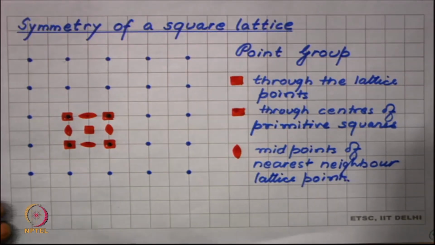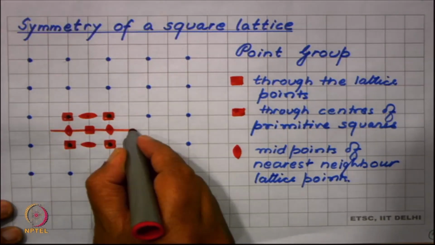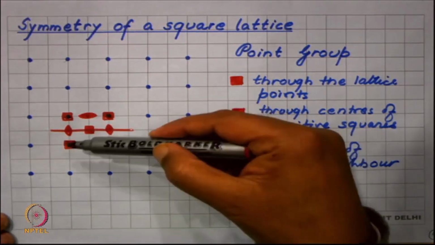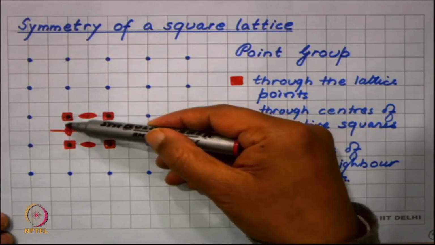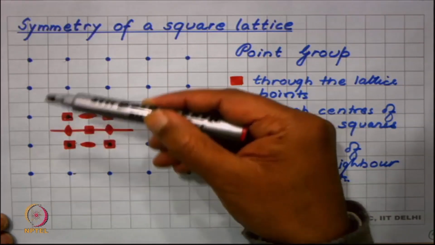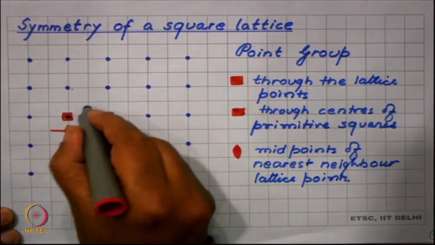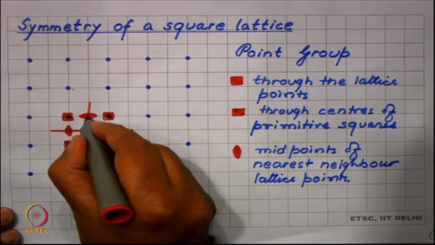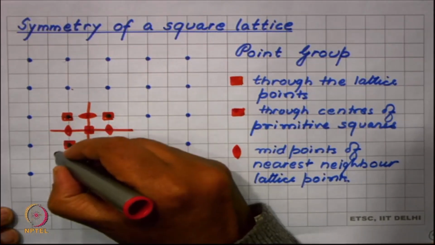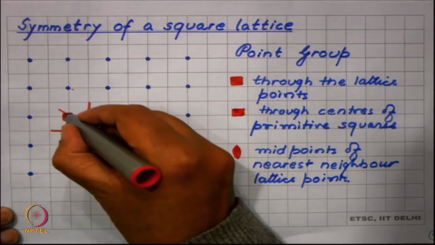And then you can see that if I take a line like this, it represents a mirror plane, because every point above will be reflected to an equivalent point below, and every point below will be reflected into an equivalent point above. So, there is a horizontal mirror, there is also this vertical mirror, and then there are the diagonal mirrors also.